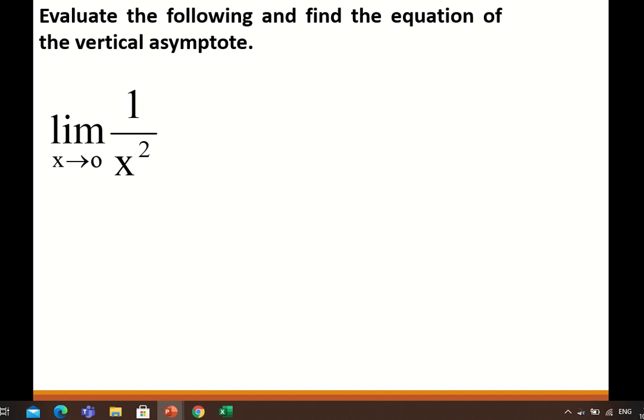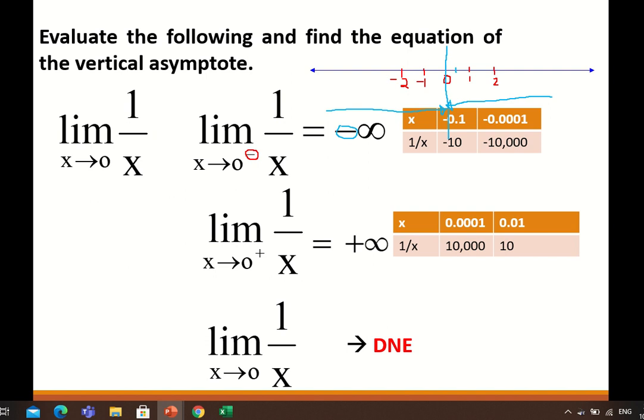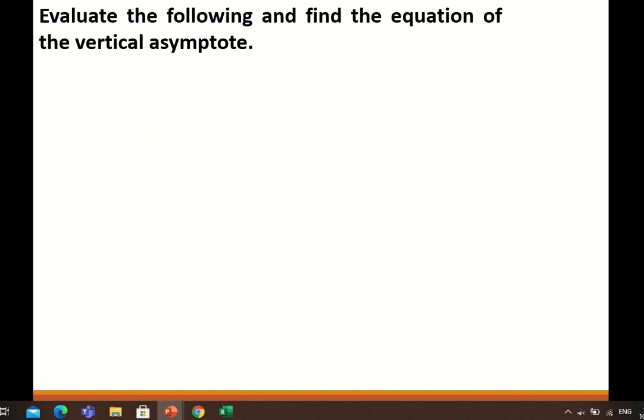By the way, class, from the previous example, we'll take the second example for our illustration of the graph. So we're given 1 divided by x squared as x approaches 0.